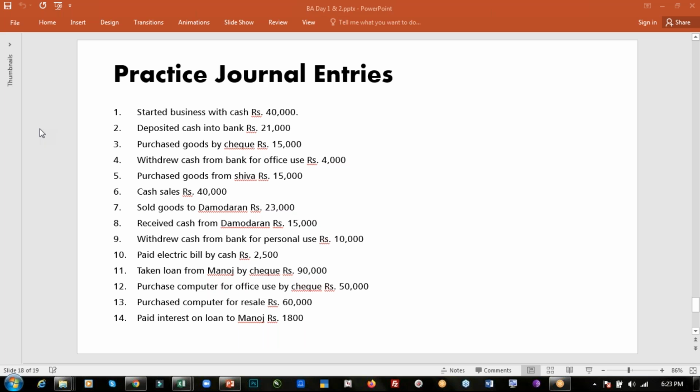So in this transaction, basically, guys, what is going on? We are selling goods to Damodaran. So sale we all know always has to be credited. So in the credit, sale will go.